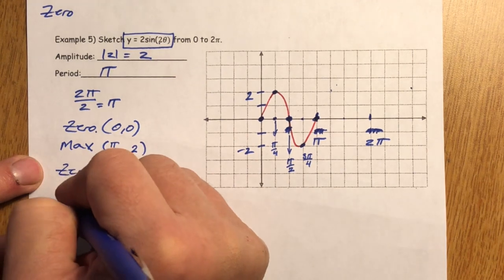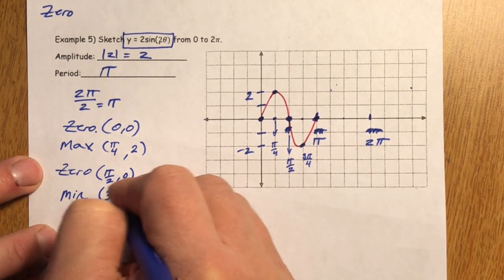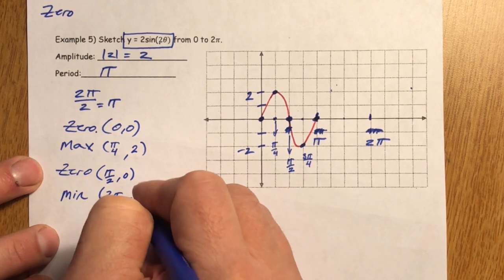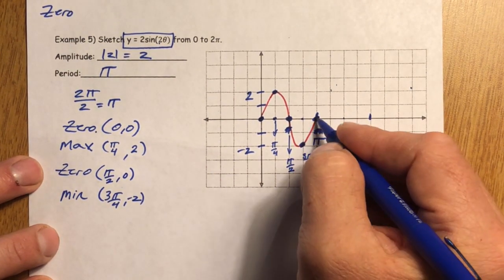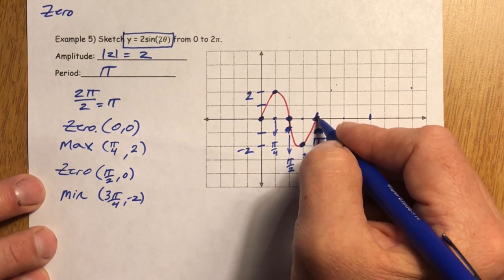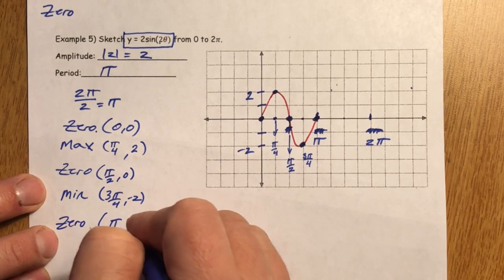I go to my minimum, which is 3 pi over 4 comma -2. That's this point right there. I go to my 0 here, which is at pi comma 0.